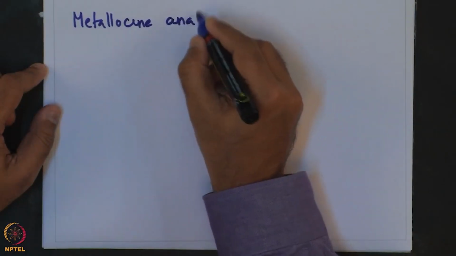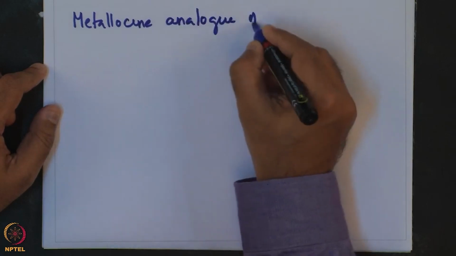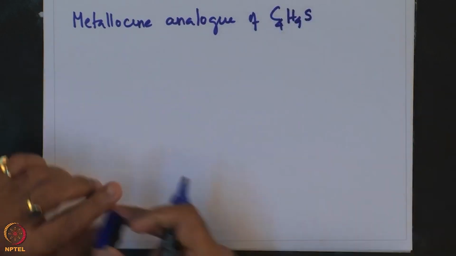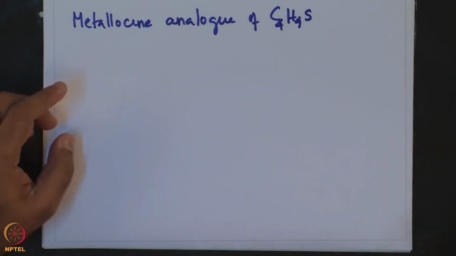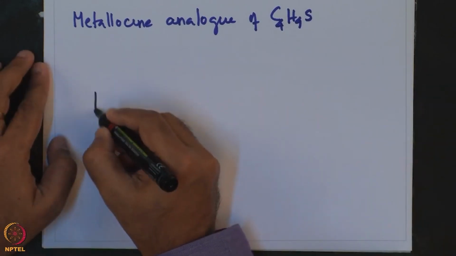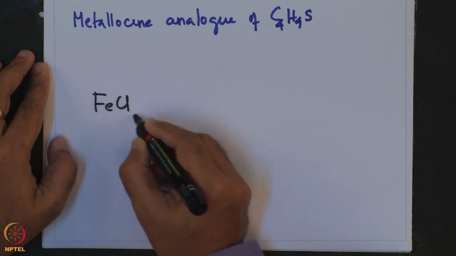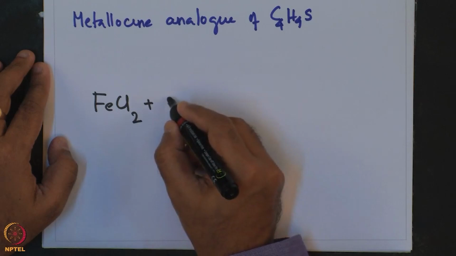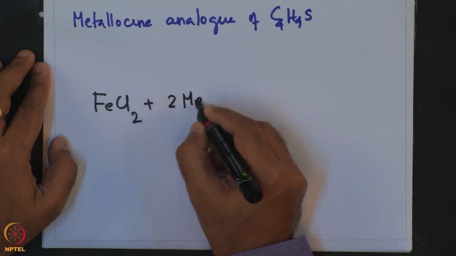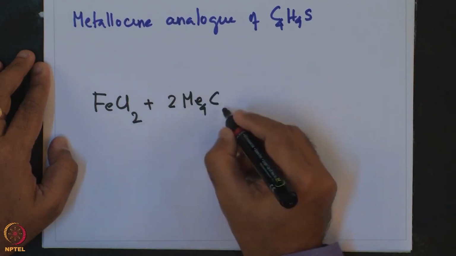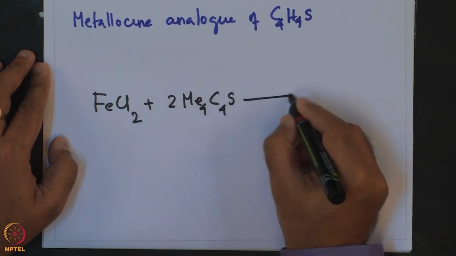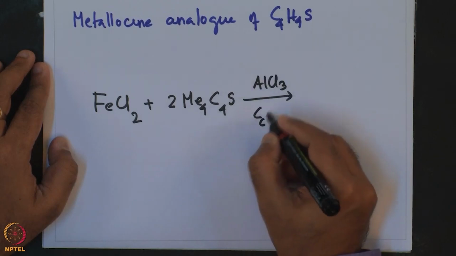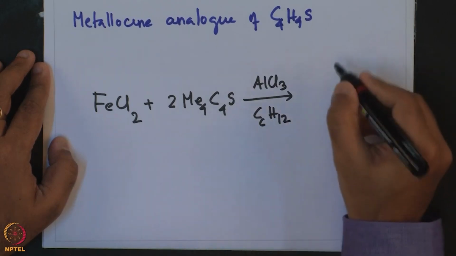analog of C4H4S can be obtained by treatment of FeCl2 plus tetramethyl thiophene, which is twice of that, Me4C4S, in presence of AlCl3 in cyclohexane C6H12.